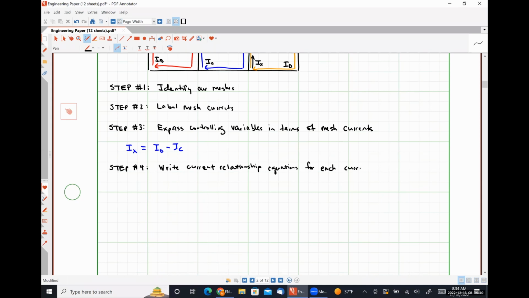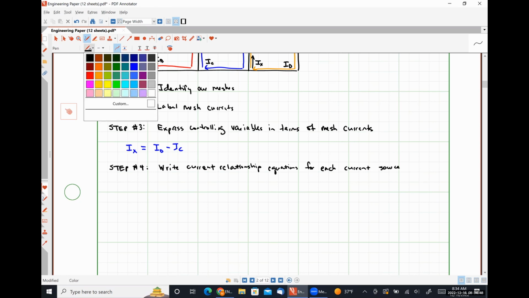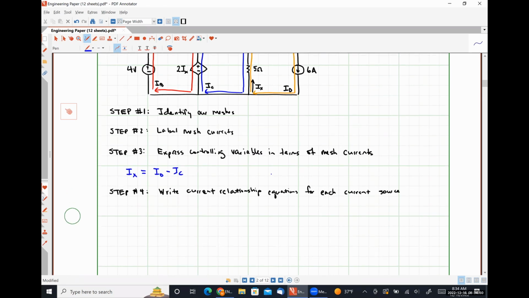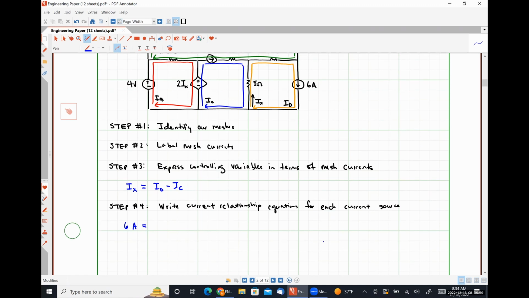Does not matter if it is a dependent current source or an independent current source. So, Kevin, since you already brought it up, how do I express the current that's being provided by the 6 amp source in terms of our mesh currents?